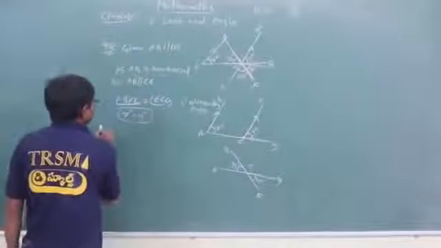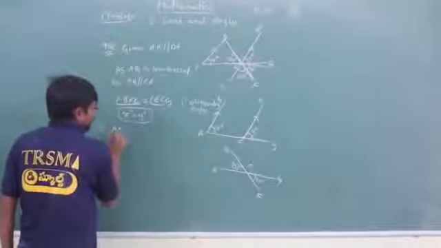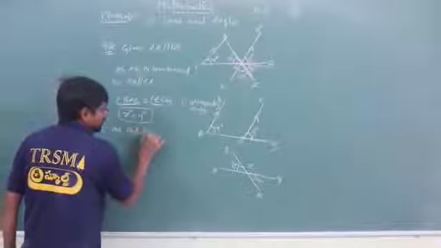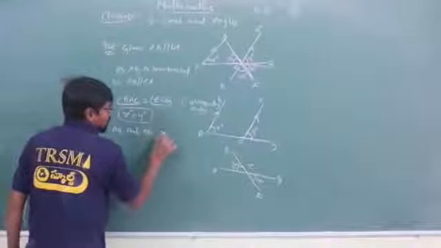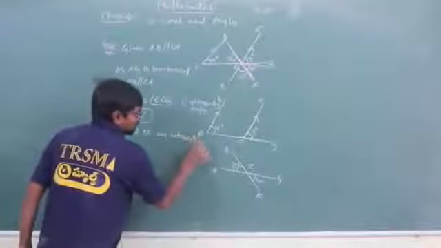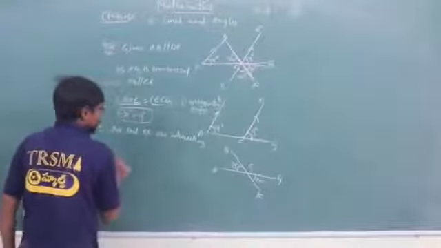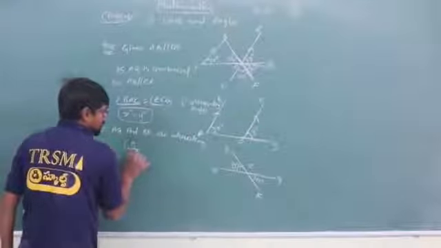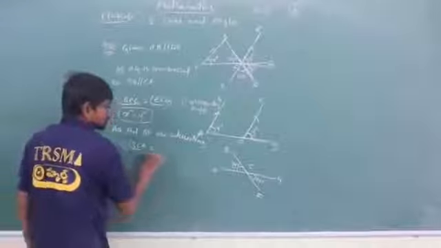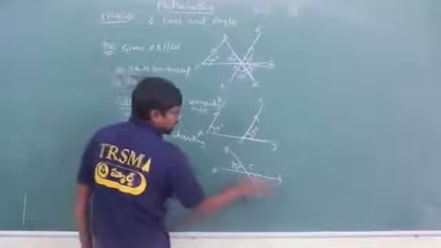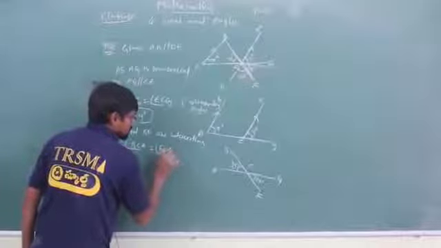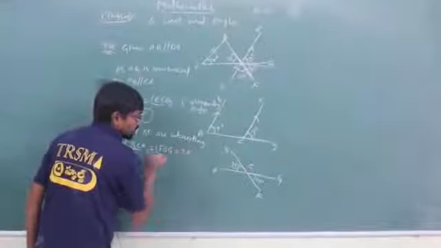Since AG and BF are intersecting, therefore angle BCA is equal to angle FCG, which is equal to 35 degree.